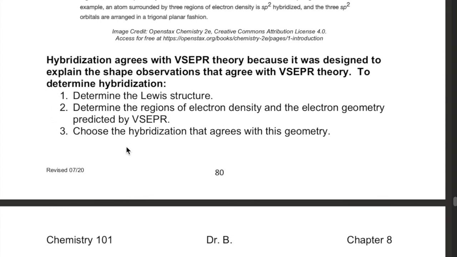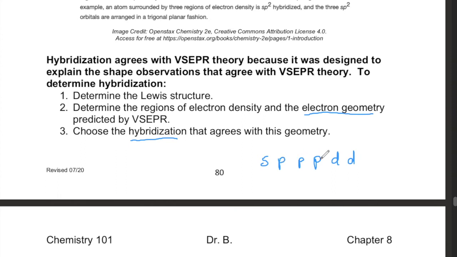So when we were trying to figure out the hybridization, just go ahead and do what you did before: draw a Lewis structure and figure out how many regions it has so that you can figure out the electron geometry of the molecule. And once you've figured out that electron geometry, then just go ahead and choose the hybridization that agrees with that geometry. Both the geometry and the hybridization are based on the number of electron regions that you have.